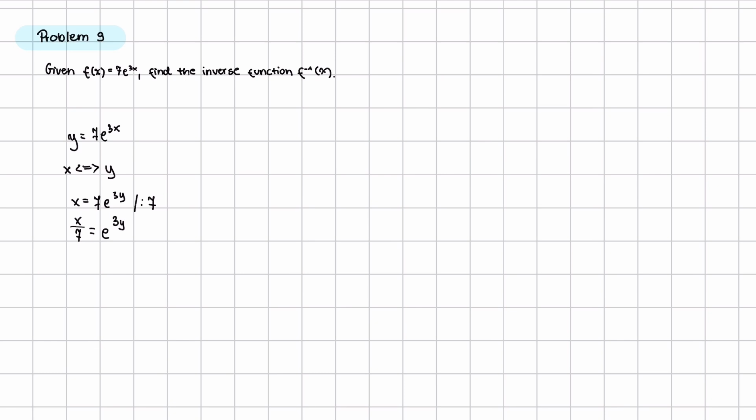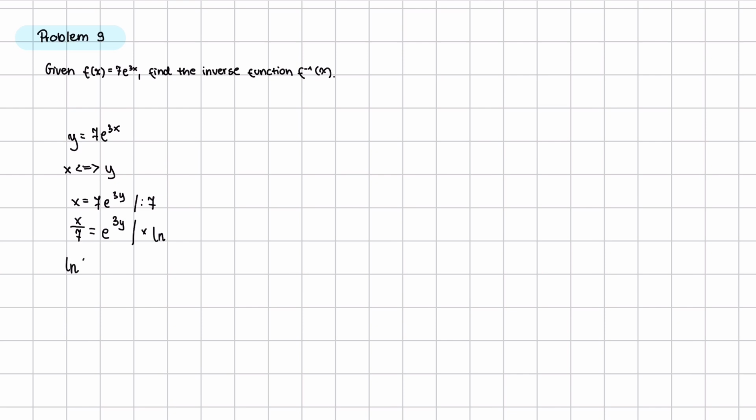And now we remember that natural logarithm and e will always cancel out. So we can take the natural logarithm of both sides. So we will have something like this.